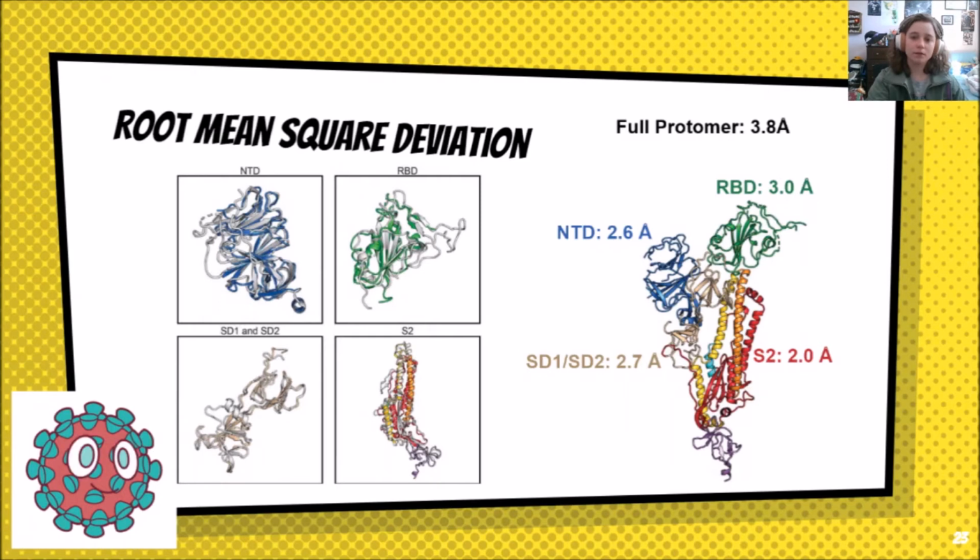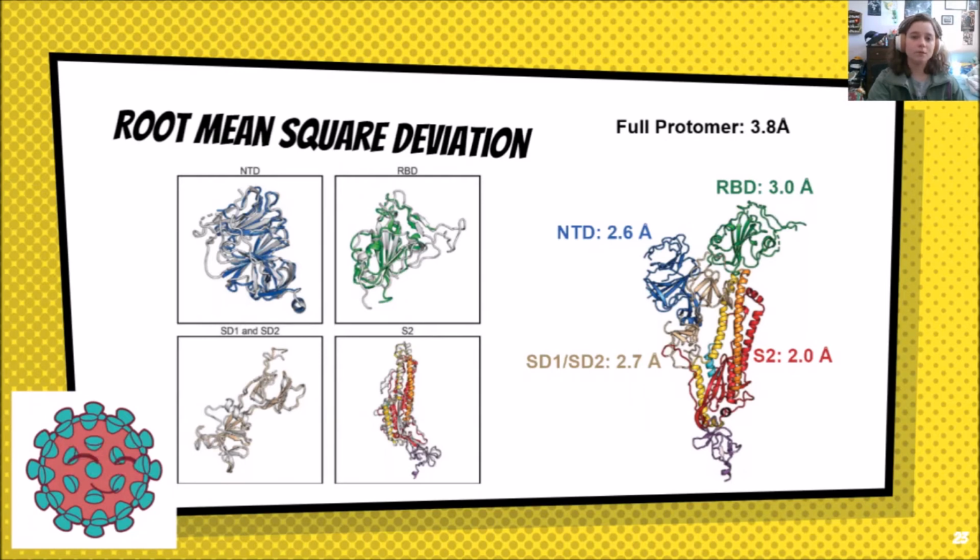To give you a sense of scale, that is about the length of 2 carbon-carbon bonds. And to give that just a touch more perspective, the resolution of the image that they used for the study was 3.5 angstroms.